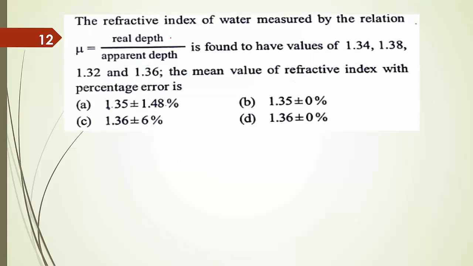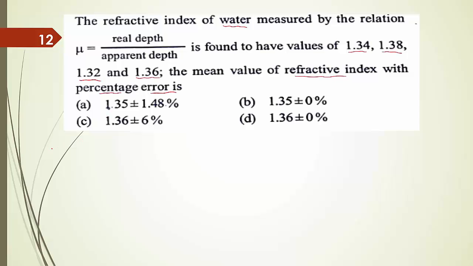12th question. The refractive index of water measured by the relation mu equal to real depth divided by apparent depth is found to have the values 1.34, 1.38, 1.32 and 1.36. These are the measured values. The mean value of refractive index with percentage error is... We have to find the mean value of refractive index and also the percentage error.